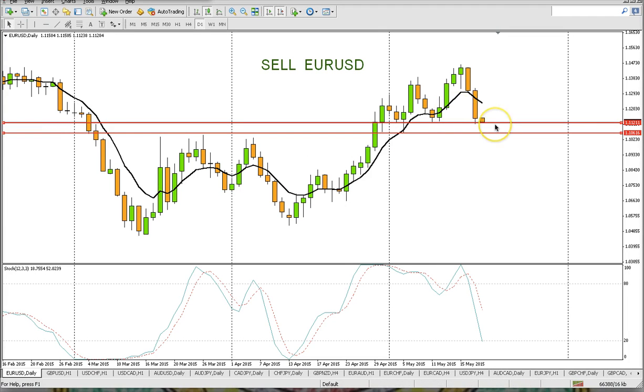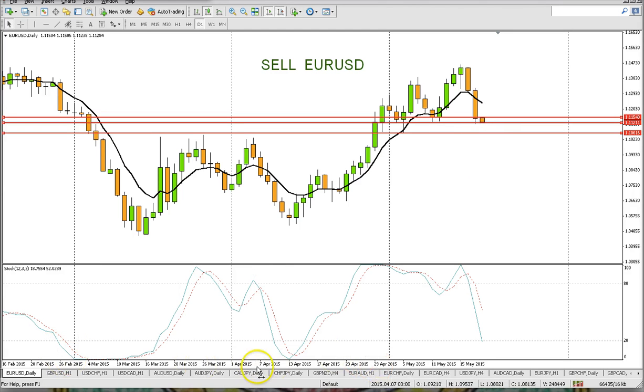So you can sell this pair, put a stop loss above this candle up here, which is 111.54, and target this 110.60 area.